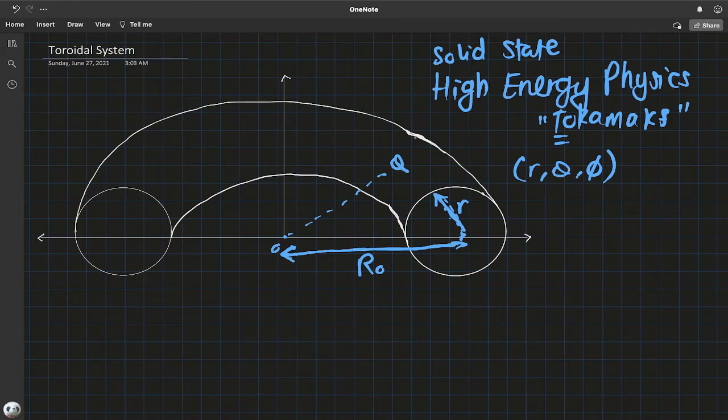And then we have this theta parameter, and then we have also a phi parameter.